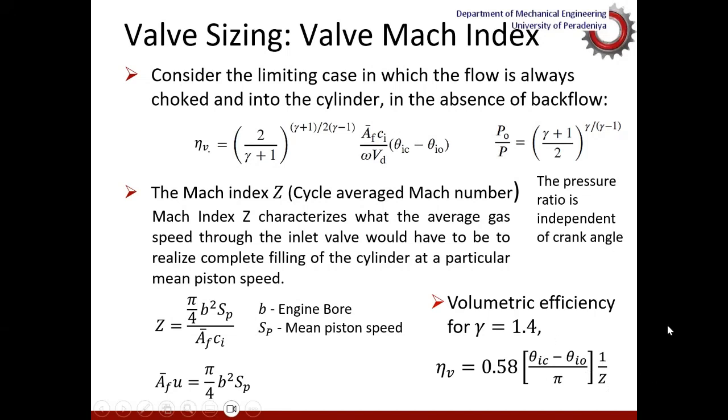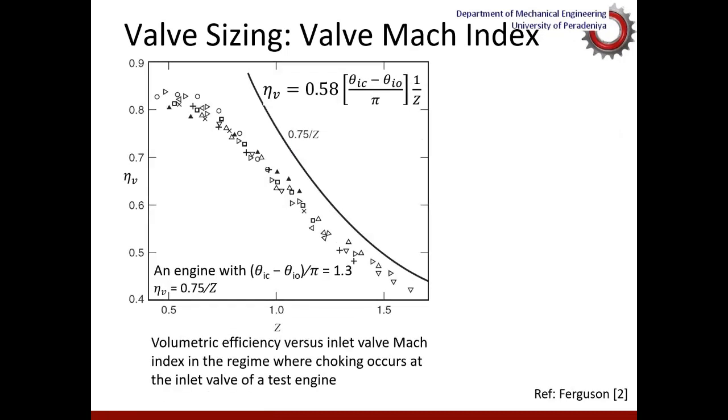This is when the flow becomes choked. Z is the Mach index. This chart shows us the variation of volumetric efficiency against Z, the Mach index. These are experimental values. And this is the plot of the equation that we considered, eta V, for a situation where the inlet valve open duration divided by pi equals 1.3.